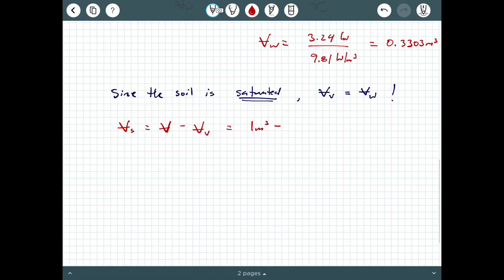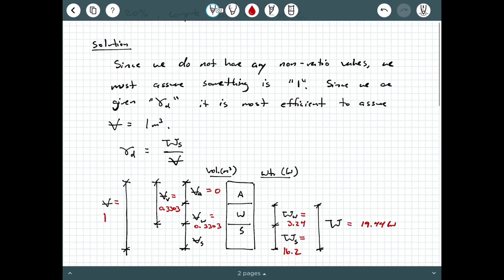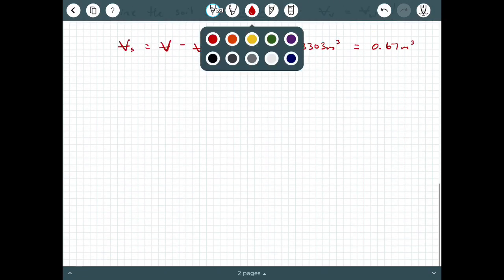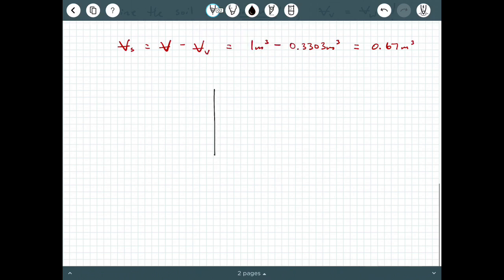So that's 1 cubic meter minus 0.3303 cubic meters. And what do we end up getting? Basically 0.67 cubic meters, okay? And so we can populate that right here, 0.67. Now, here's another way we can draw this phase diagram, okay? We could just as easily draw this phase diagram like this.